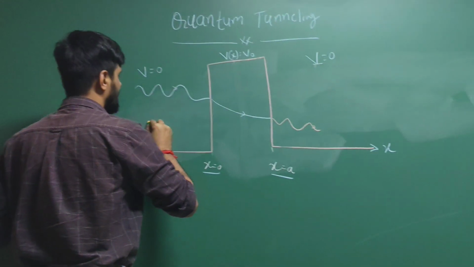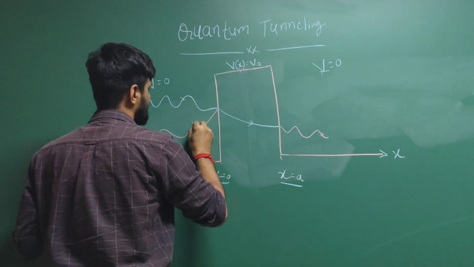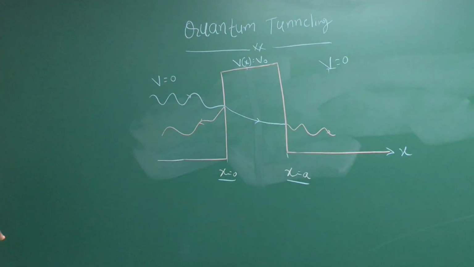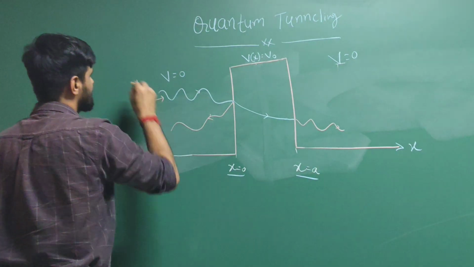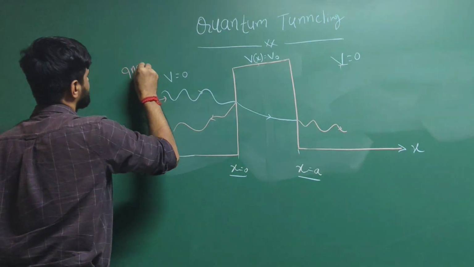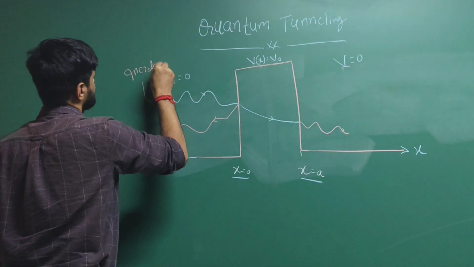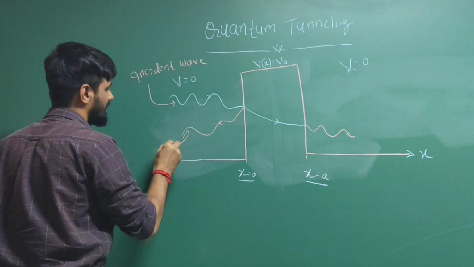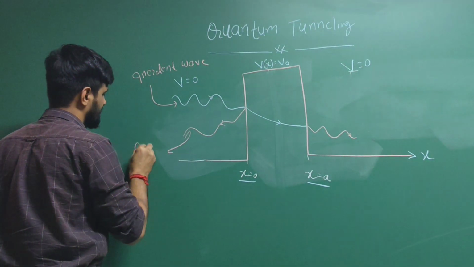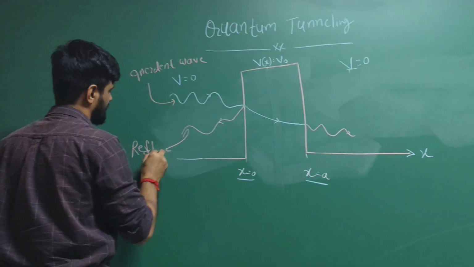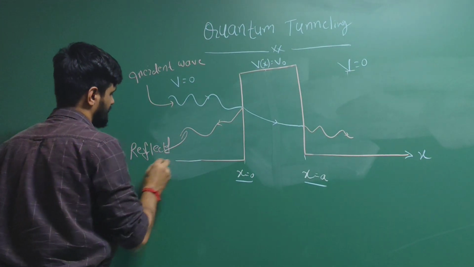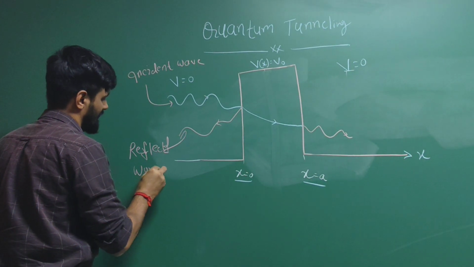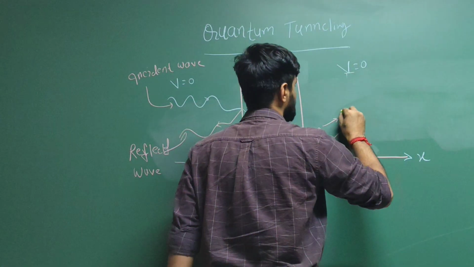Then there will be a wave that will be called the reflected wave. So we call this the incident wave. This is called the reflected wave. And this is called the transmitted wave.